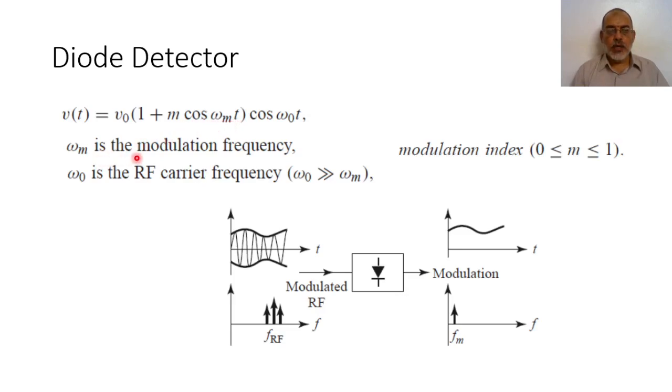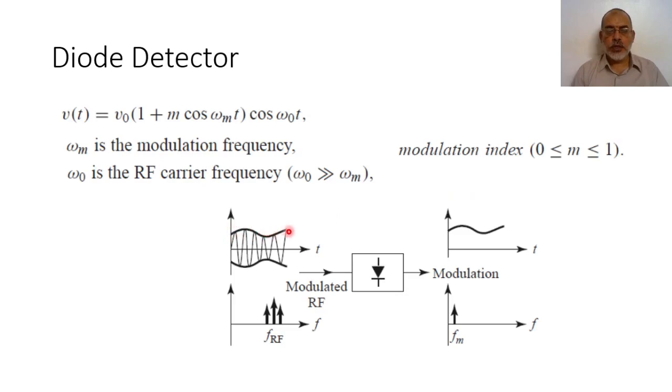Omega m here is the modulation frequency, omega naught is the carrier frequency, and omega naught is much greater than omega m, such that omega naught is at least 10 times omega m, and the modulation index m is greater than 0 and less than unity. This is simply amplitude modulation.